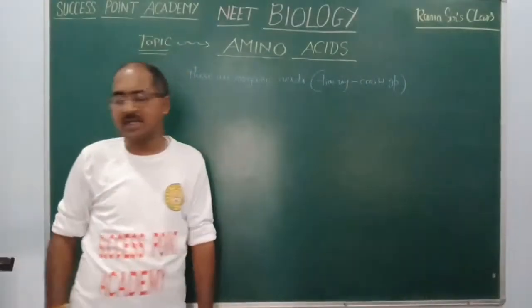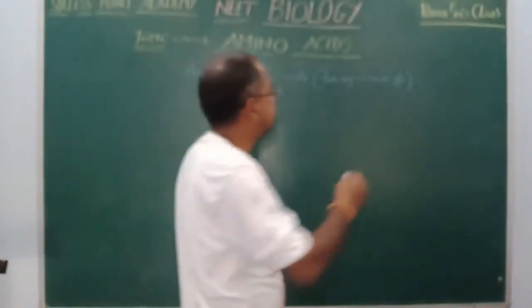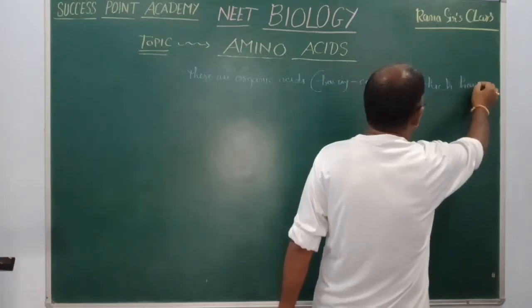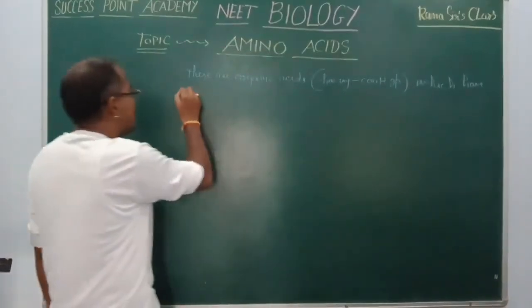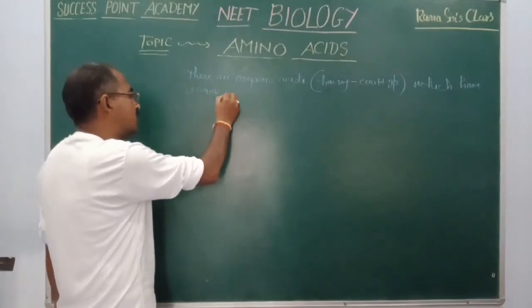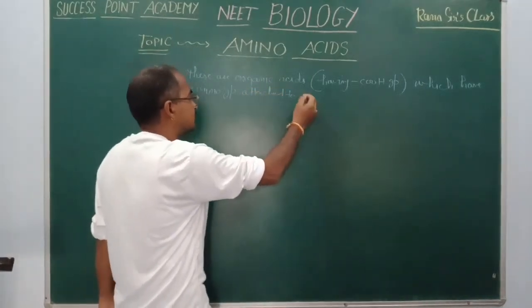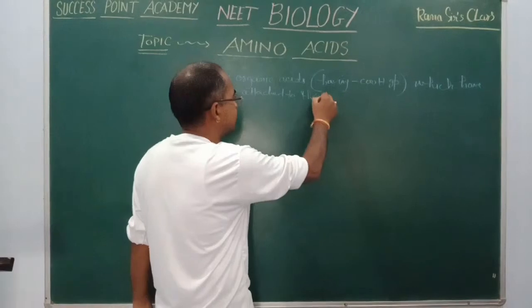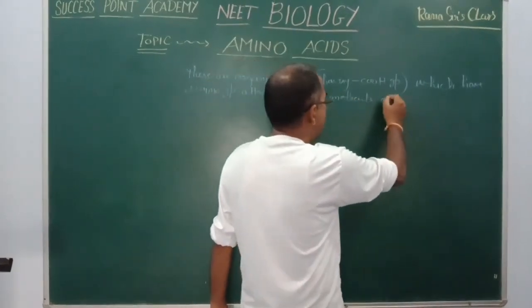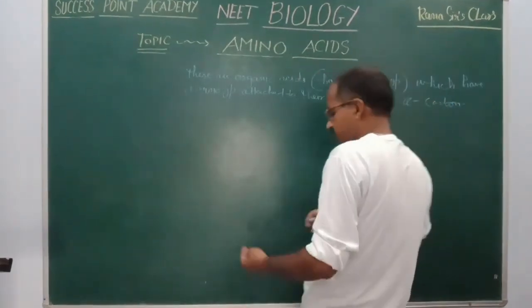These are organic acids which have an amino group attached to their molecule at the alpha carbon. Alpha carbon is which carbon?